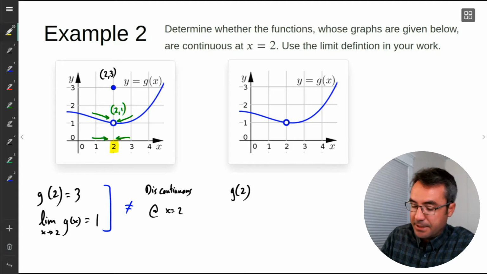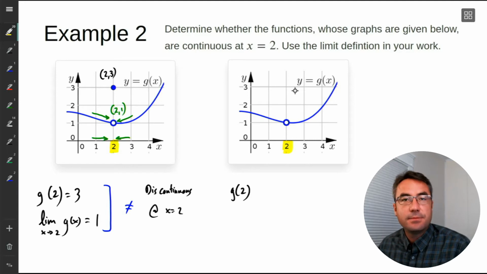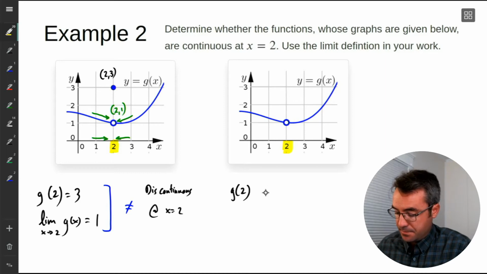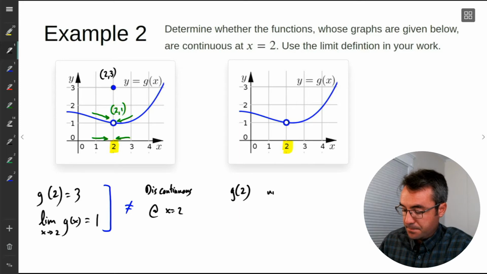So we find x equals 2 along our x-axis, and then we read up and down to try to find the filled in point that's on our graph, and we don't actually see it here. I don't actually see any filled in dot at x equals 2. I see this open dot, but the open dot means it's not included in our graph. So our function's undefined. So we're done.